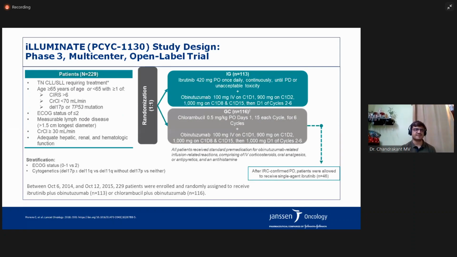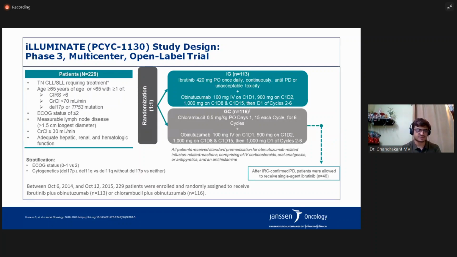Again, treatment naive CLL SLL, age more than 65, or less than 65 with at least one comorbidity, CIRS more than 6 or creatinine clearance less than 70, or deletion 17p or p53 mutation being present if the age was less than 65, because they should not be eligible for FCR, and performance status less than or equal to 2, and measurable lymph node disease, creatinine clearance above 30, and adequate liver, renal, and hematologic function.